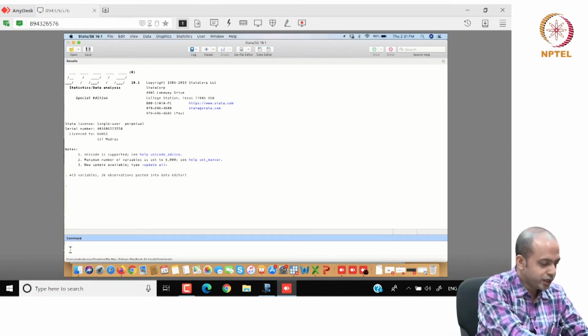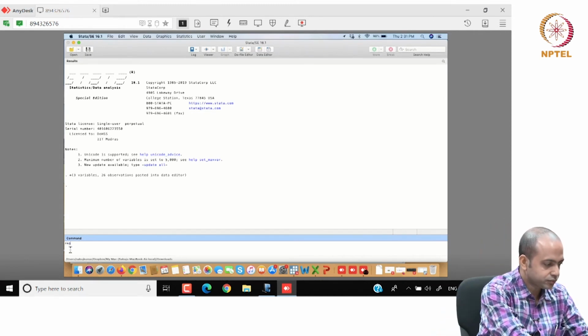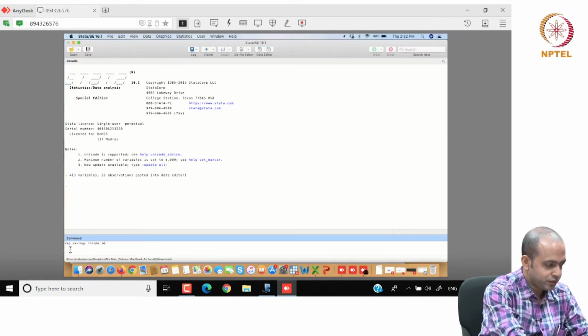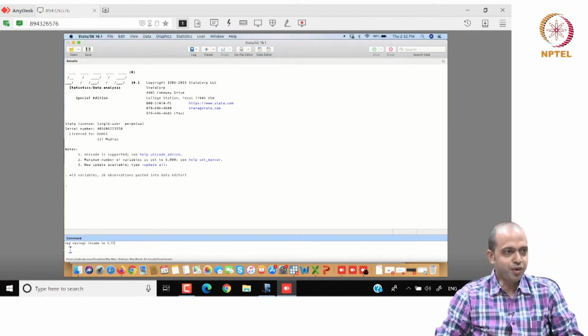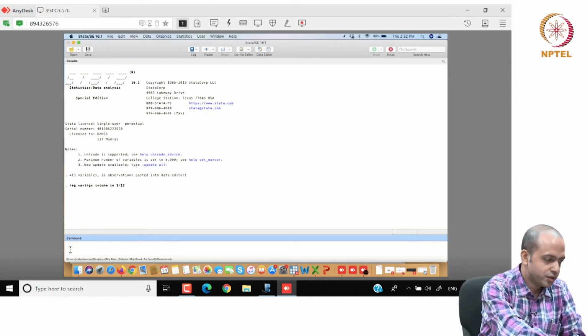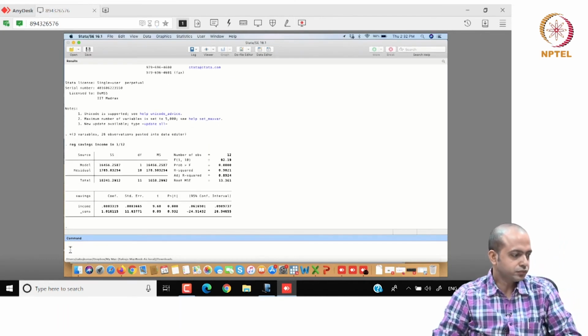How to do that? The command is reg savings income, and you have to remember, in 1 by 12. By specifying 1 by 12, I am asking Stata to run the regression using the first 12 observations. Now, if you press enter, this is the regression.